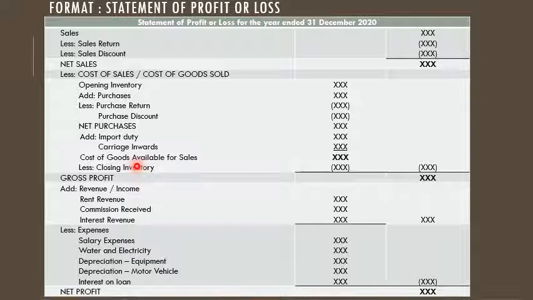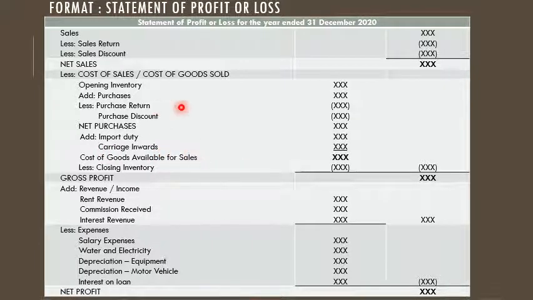Kemudian awak tambahkan dengan any other expenses that you incur when you purchase the inventory. Contohnya awak beli barang stok daripada luar negara and you are being charged of import duty, so it will further increase the value of purchases. And then remember the carriage inwards also increase the value of purchases.